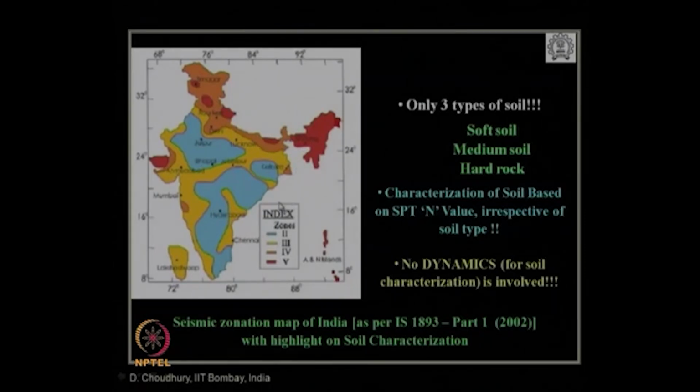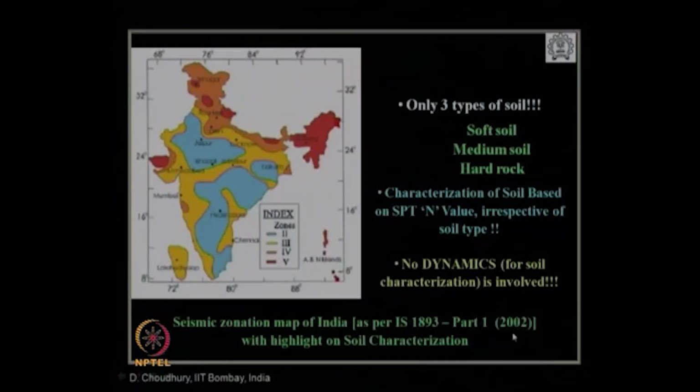Now, coming to the geotechnical aspects of our IS code, let us look at what it suggests. Unfortunately, the geotechnical aspects of earthquake engineering are not yet well addressed in IS code 1893 part 1 of 2002, the latest version, because it specifies only 3 types of soil: soft soil, medium soil and hard rock.